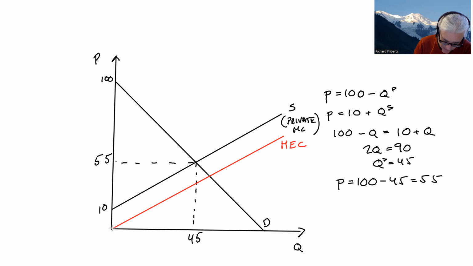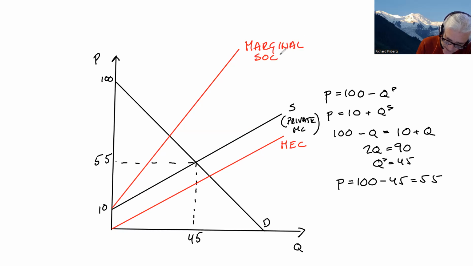Down here, marginal external cost is close to zero. So we're starting at the same intercept here, but we're then adding more and more. So we're adding something like this. So what's that? That's then the marginal social cost, MSC.